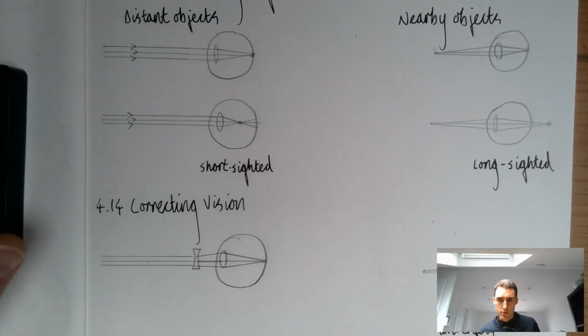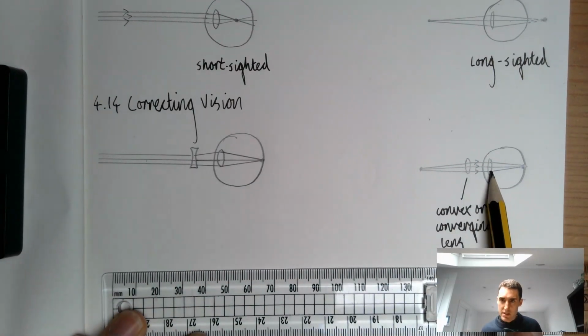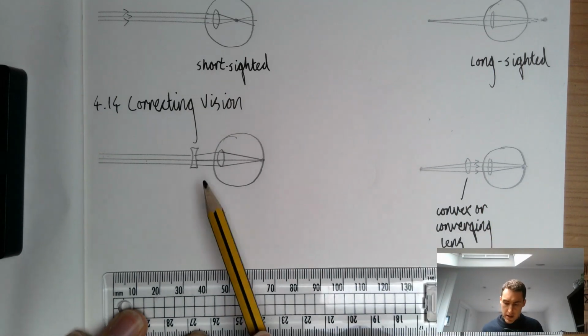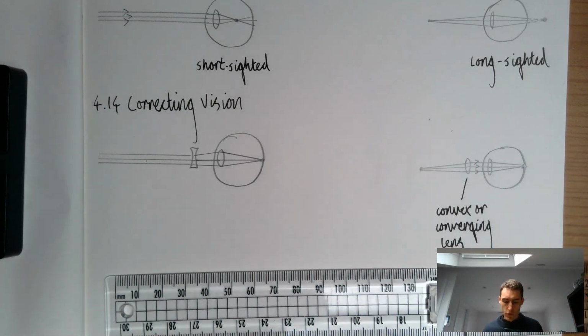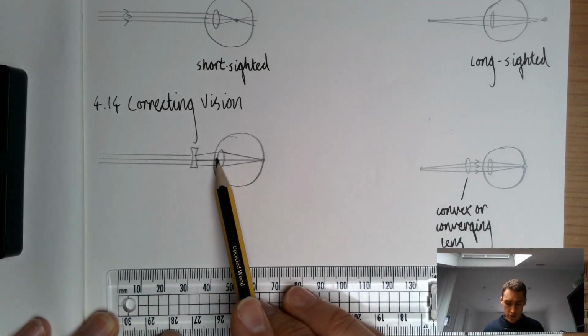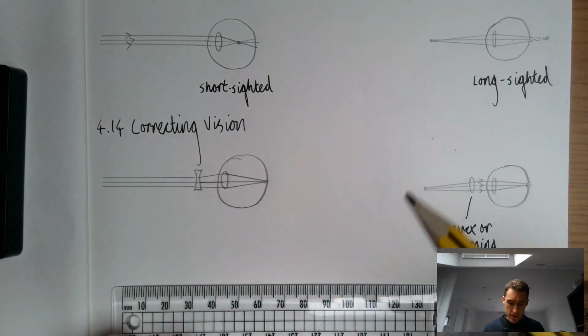Rather than helping the convex lens in your eye out and doing a bit of the converging for it, this one's actually making it harder for your lens, so that it's got more work to do, and therefore that sends the focal length back from where it was before.